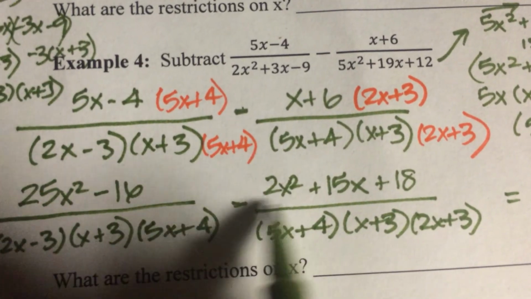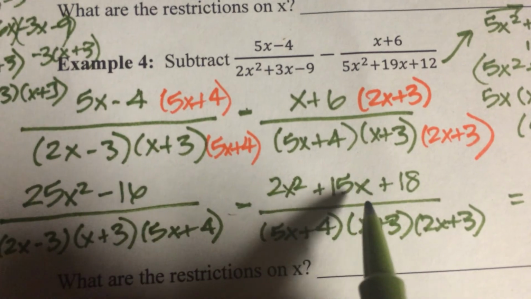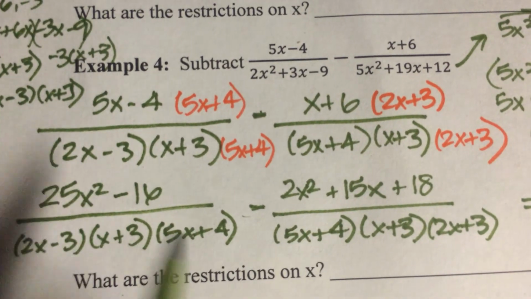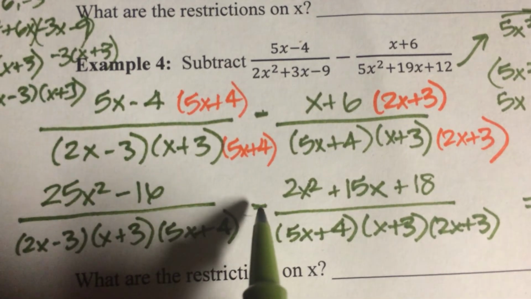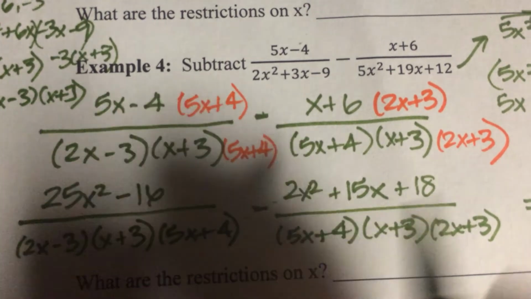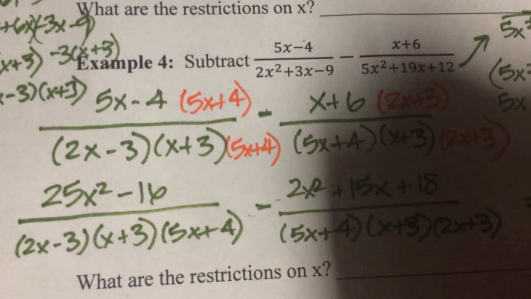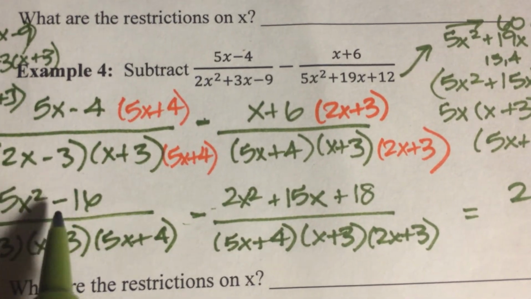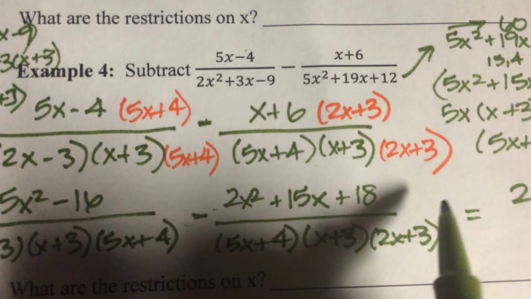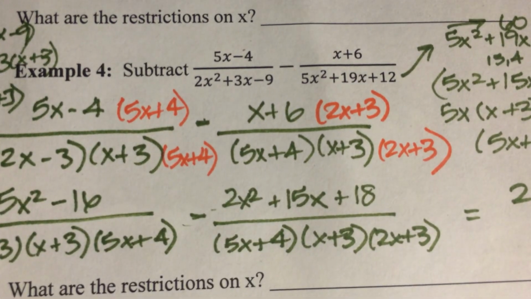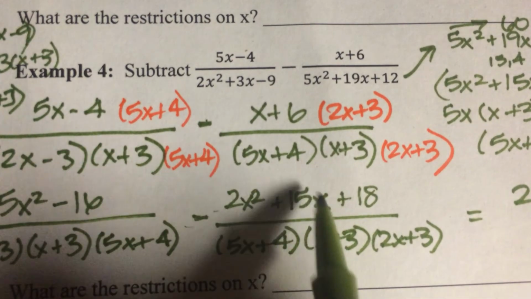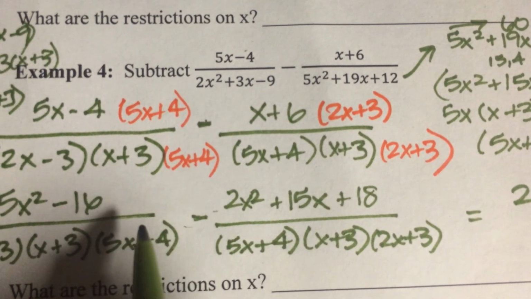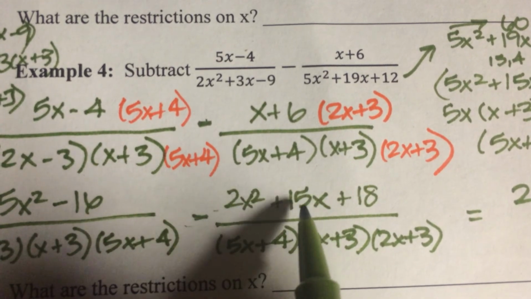All right, so now all I have to do is combine my like terms on top. So remember, when you're combining like terms, be really careful about the subtraction in the middle, because subtracting changes all your signs. So 25x squared minus 2x squared is 23x squared. And then negative 16 minus 18. I'm going to write that last. I'm going to put the x term in there first. So this is essentially minus a positive 15x.